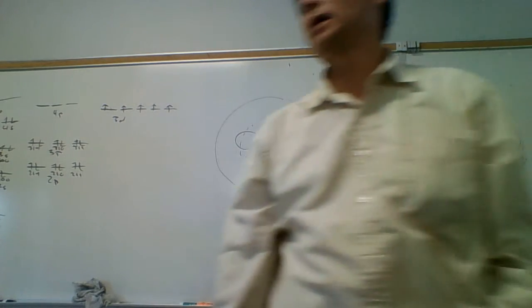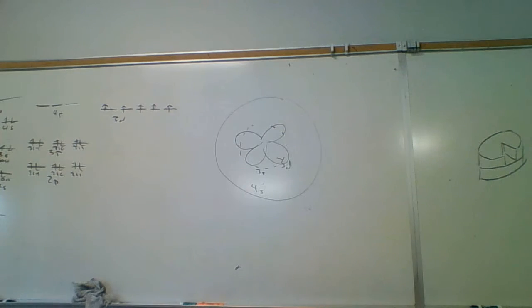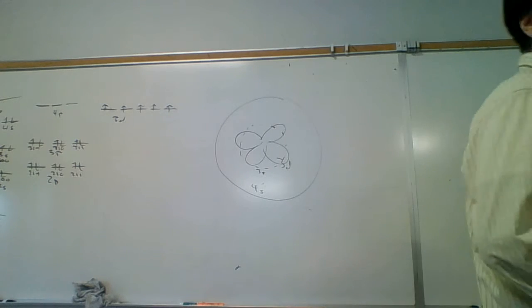When we look at the periodic table, cobalt and nickel are a bit more difficult. These are the max oxidation states here.